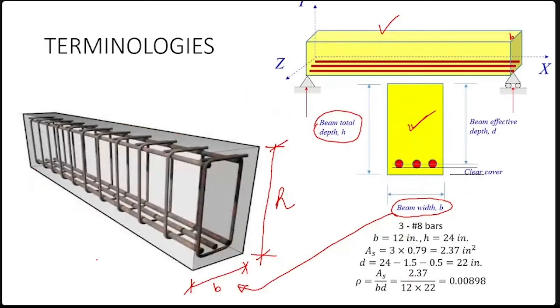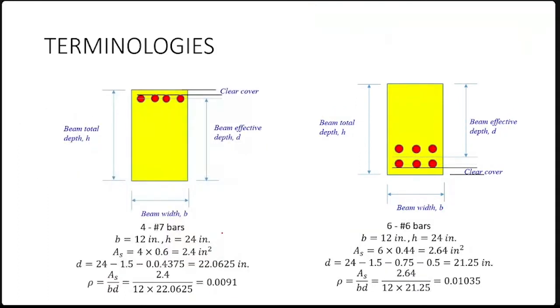Next, you need to look at the steel bars. In this figure, you see there are 3 steel bars near the bottom, and there are 2 steel bars near the top. You should understand a few concepts here. First of all, we do not design a beam to have steel bars at both top and bottom. We don't do that.